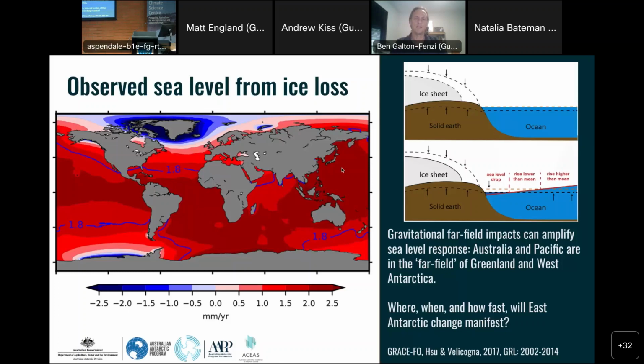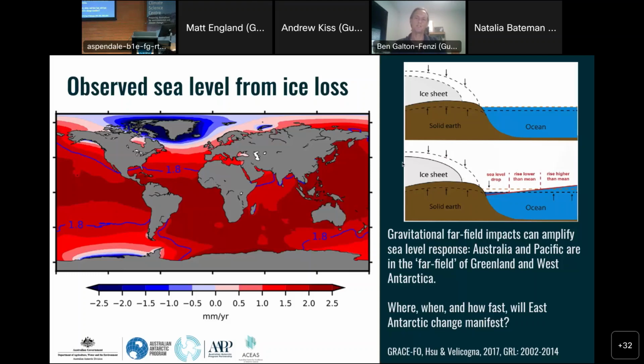Australia, North Australia, and the Pacific Islands, actually, which is interesting. Now, the reason that you get a drawdown around Greenland and the West Antarctic is because these ice sheets are shrinking. If you look at the insert here, this top plot shows if you're shrinking your ice sheet, you've got a solid Earth adjustment process as well.